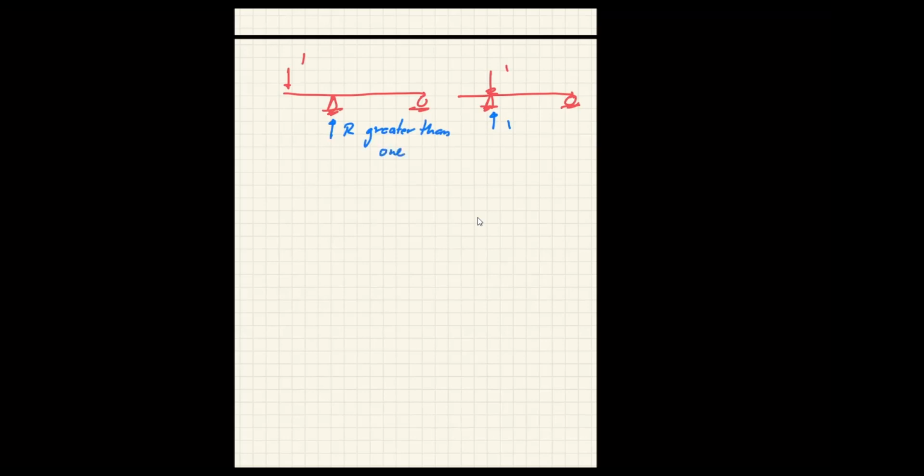For sure, because of the overhanging effect. So it says pretty clearly that R here must be greater than 1.